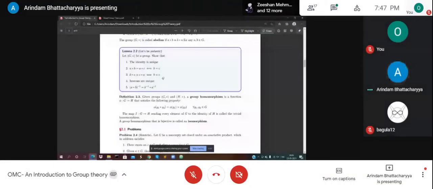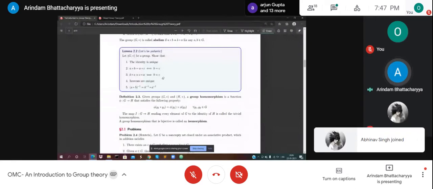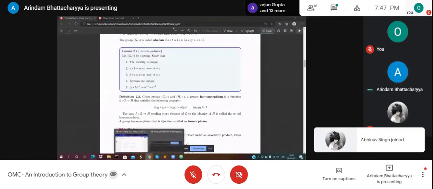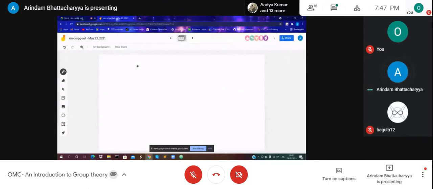Correct. Suppose both B and C are inverses of A. If you have something like this, you can cancel out the A's as we said, and then you get B equal to C. So the inverse is unique.